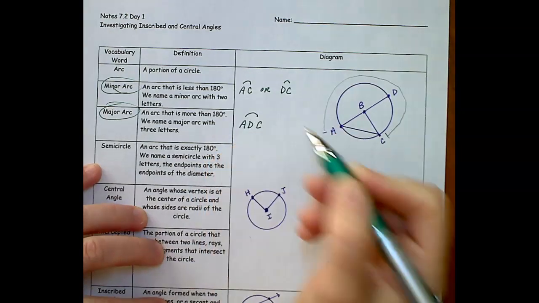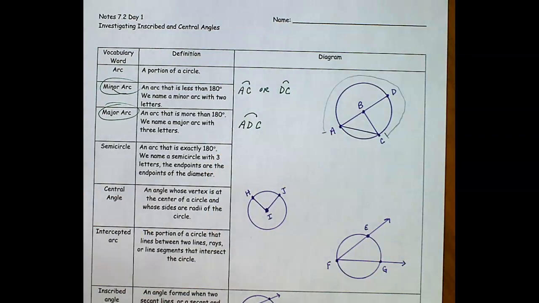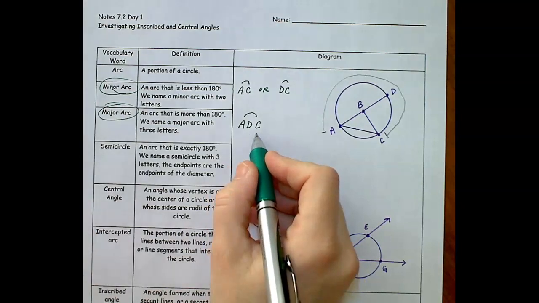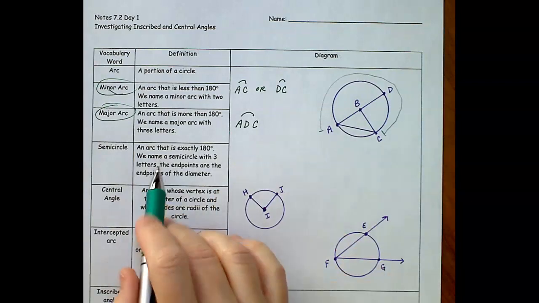Now major arcs that are bigger than 180 have to use 3 letters. And the reason why you have to use 3 letters is so you know what direction you're going in. That's your major arc.